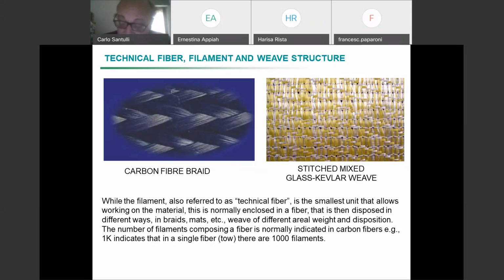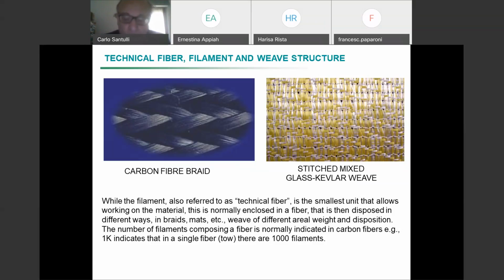Consider that in natural fibers, in practical terms, the filament is the smallest wire on which I can work. But in reality, the material can also be a nanomaterial, because that filament is constituted by thousands or millions of micro and nano fibers, which is not the case for carbon, Kevlar, glass fibers, where I can really produce the single filament and then put them together into a fiber.